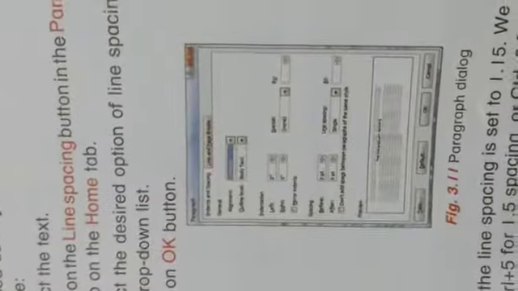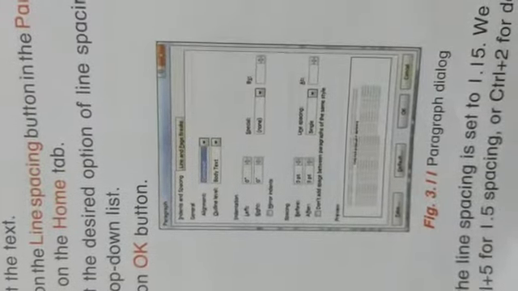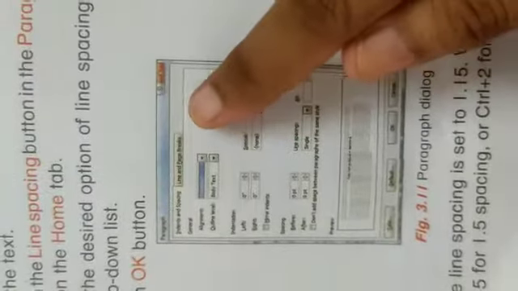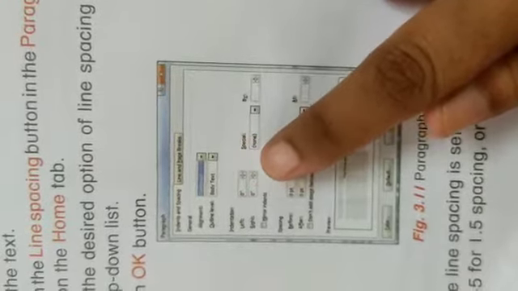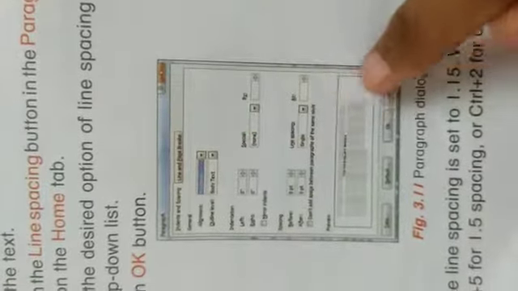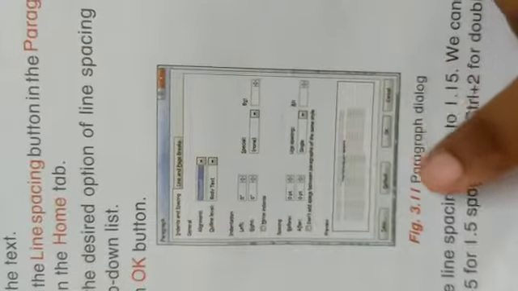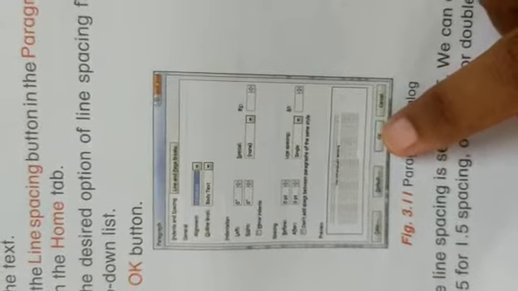Just see figure 3.11. Let me zoom it. Here you can see alignment, outline level, left, right, spacing. So you have to set this. Preview will be here, and then if everything is okay, then you will click on the OK button.